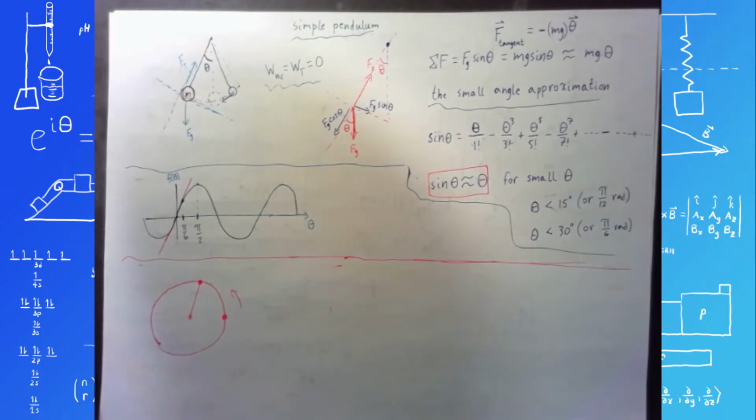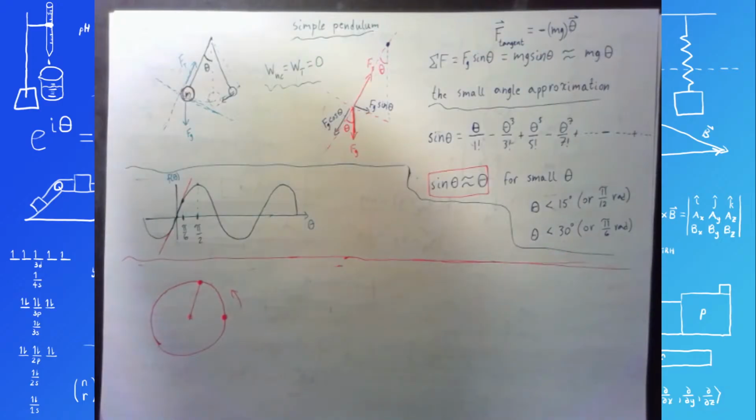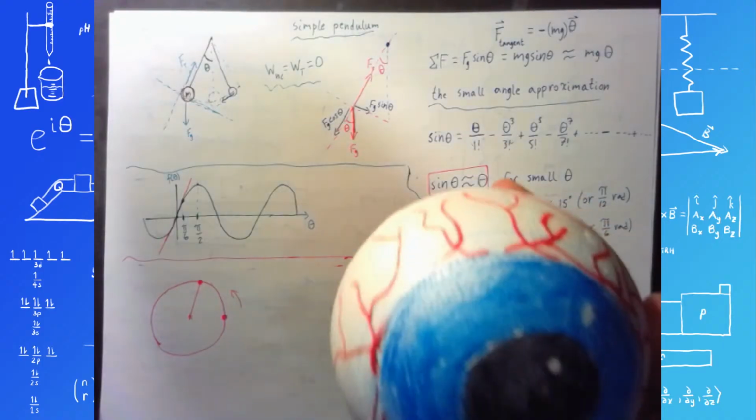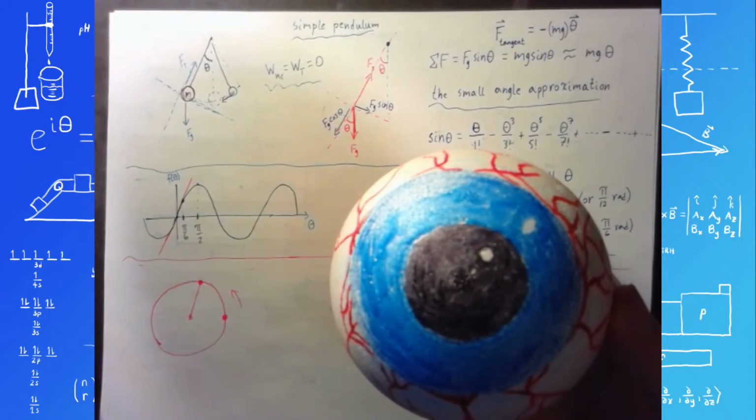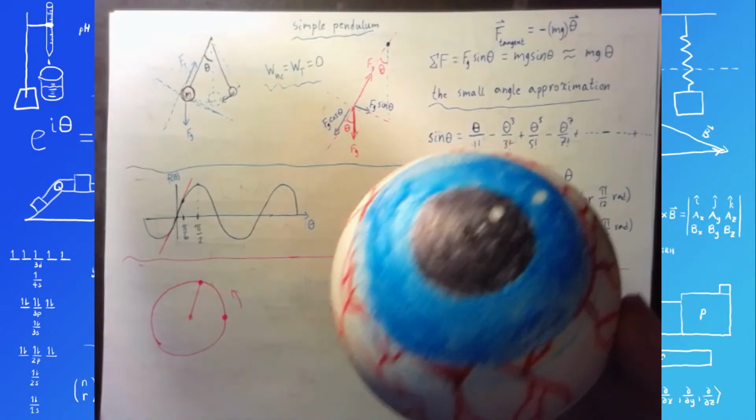So I want to look at this from the perspective of someone looking from under the circle. So let's go ahead and bring back an old friend here. The giant eyeball of physics. It is so back.